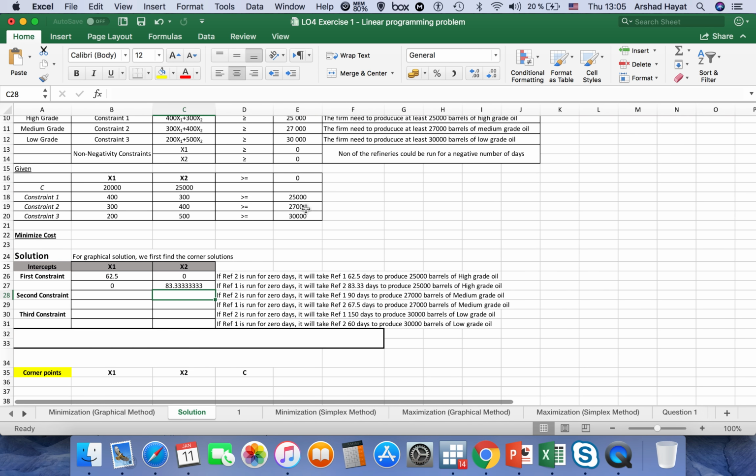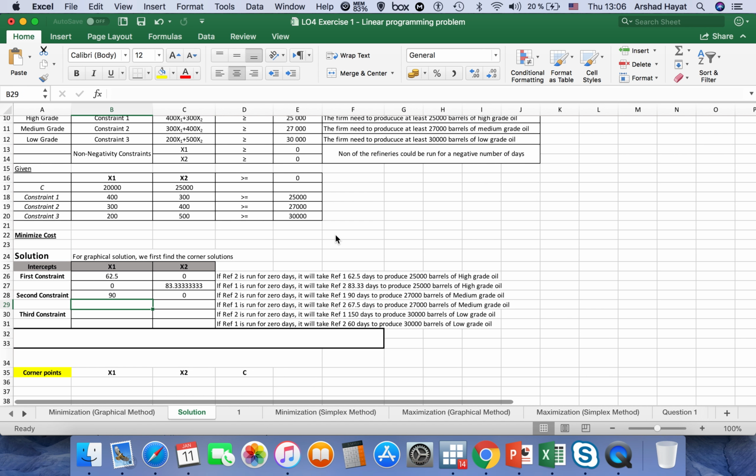Now looking at the second constraint. The second constraint is that we need to produce 27,000. So if we run the second refinery for 0 days, the first refinery can produce 27,000 in 27,000 by 300 days.